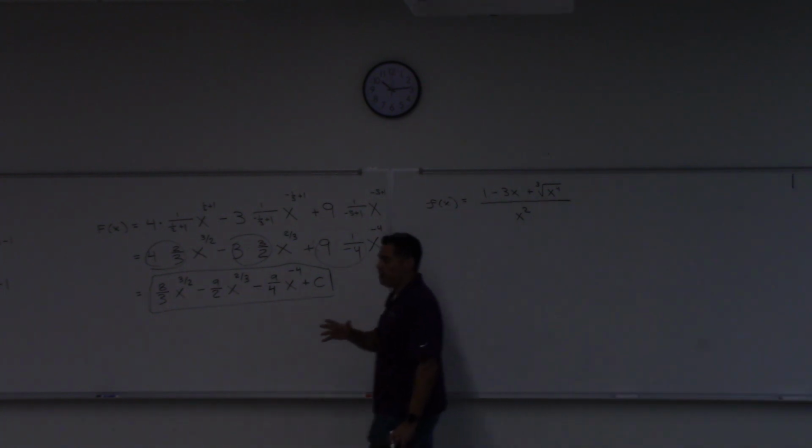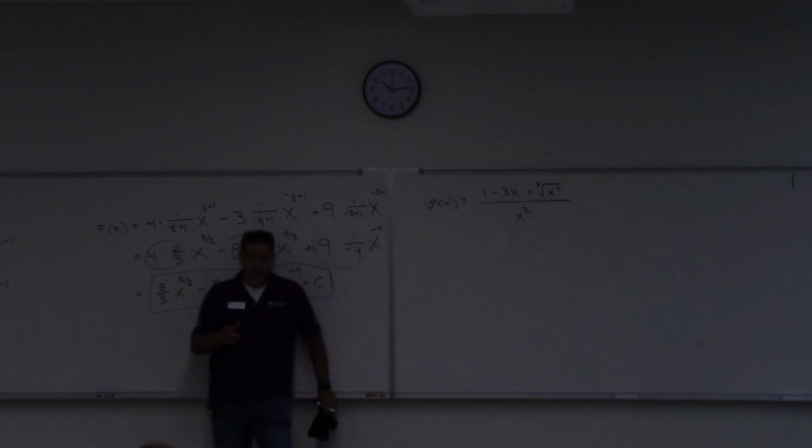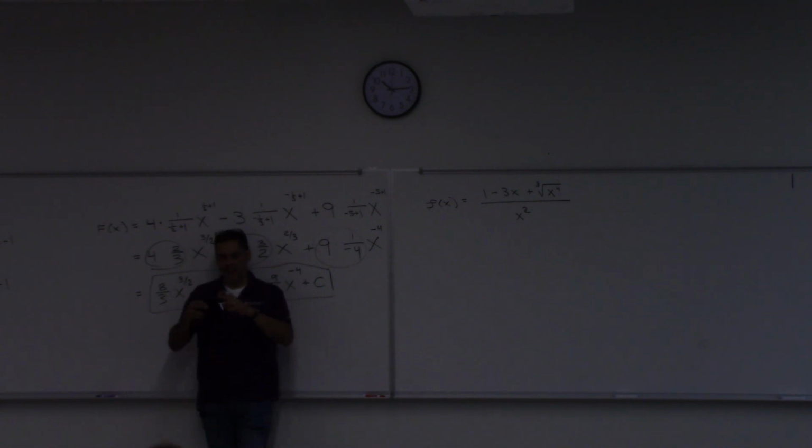So I think we've already established that when you're finding antiderivatives, if you have multiple terms, you can do them individually, right? What we have not established is how you handle a quotient, if you have two things being divided, like we do here.